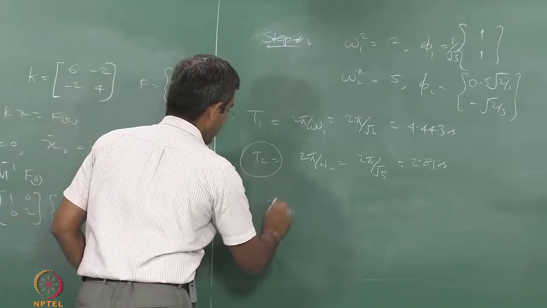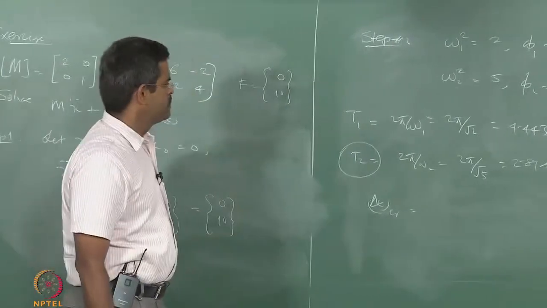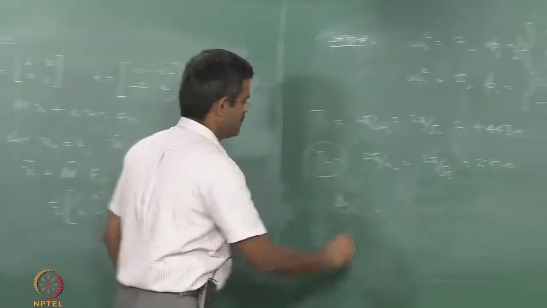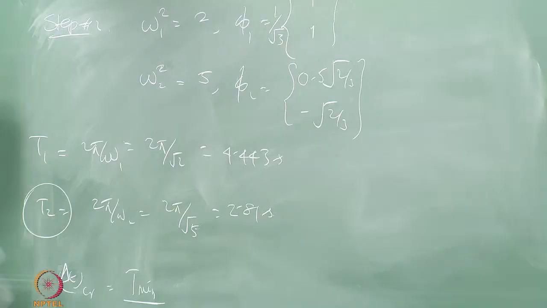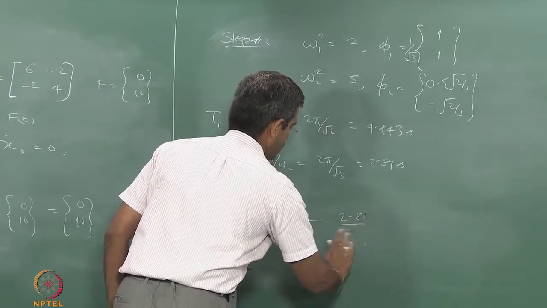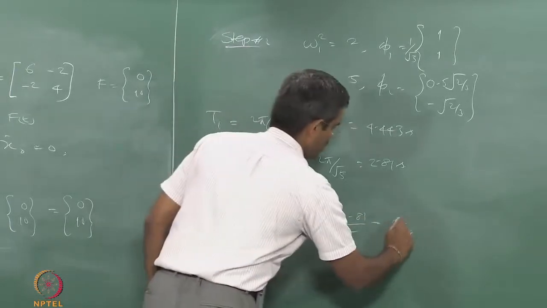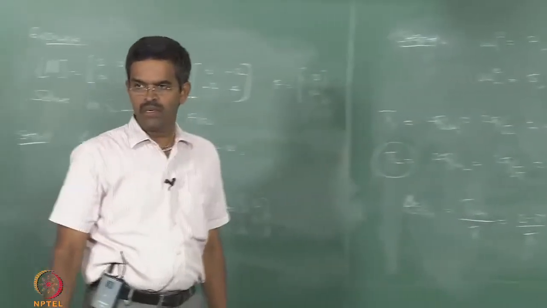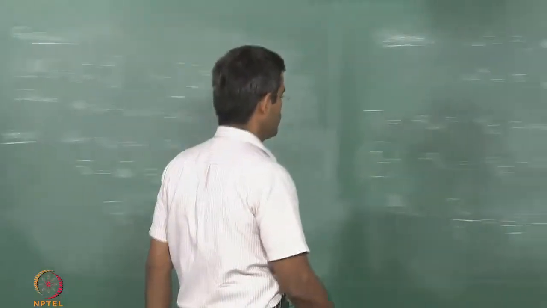So, my delta T critical, as advised by the manager, is T minimum by pi, is it not, which is 2.81 by pi, which comes to how much, 0.9 something, 0.89, approximately.